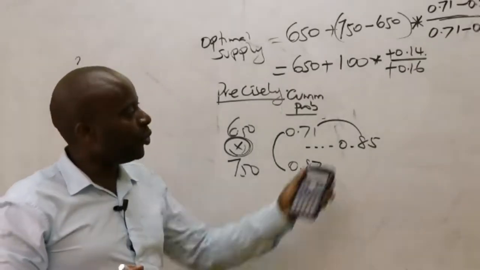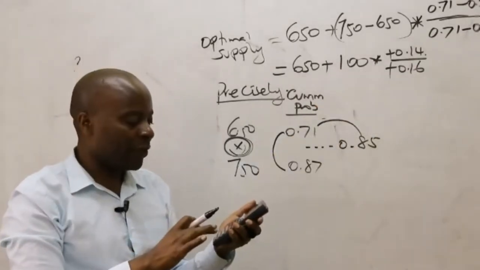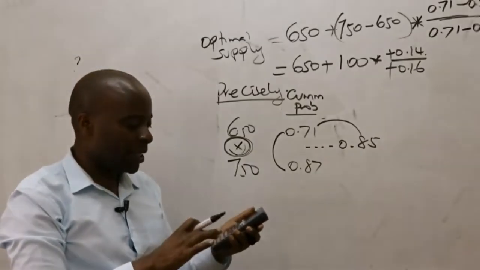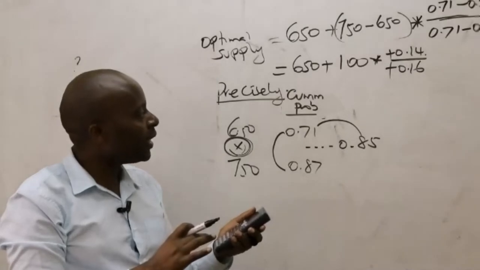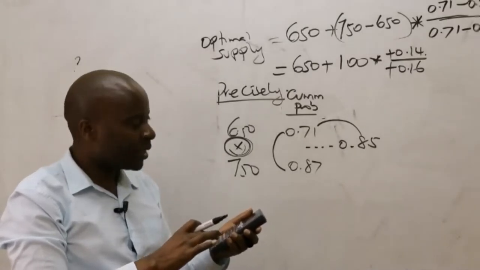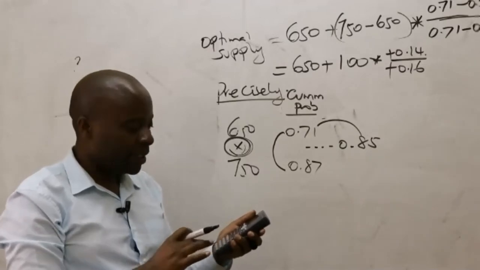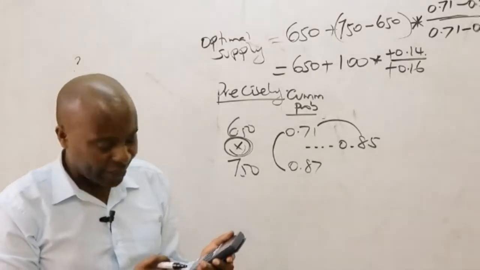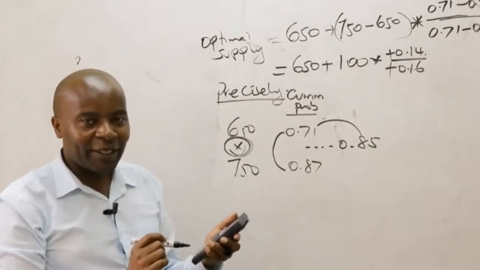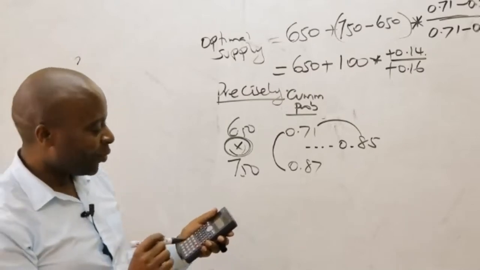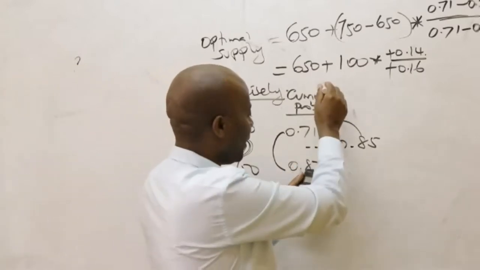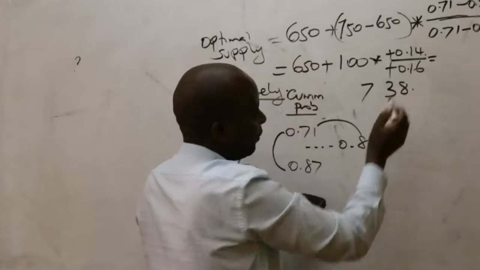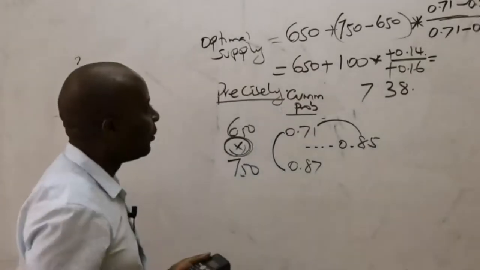Then I need to do the multiplication first: 100 times 0.14 divided by 0.16, plus 650, which will end up giving us 737.5, which is 738. Allow me to repeat this again because most students cannot see.